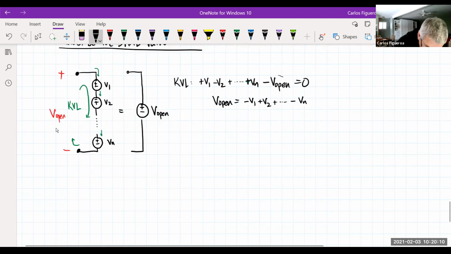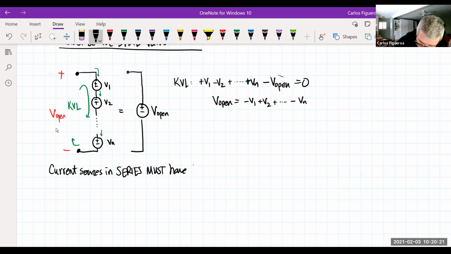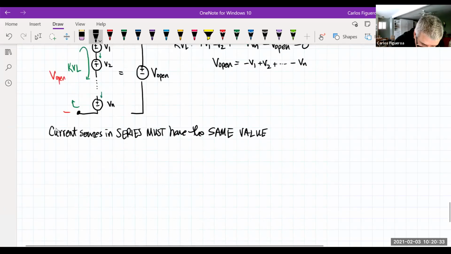Current sources in series must have the same value. So if I have a branch with multiple current sources, maybe they look something like this, and I'll call them I1, I2, I3.